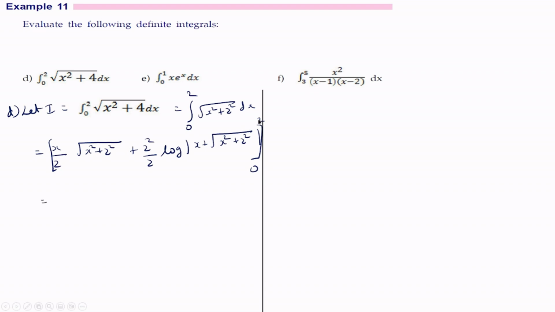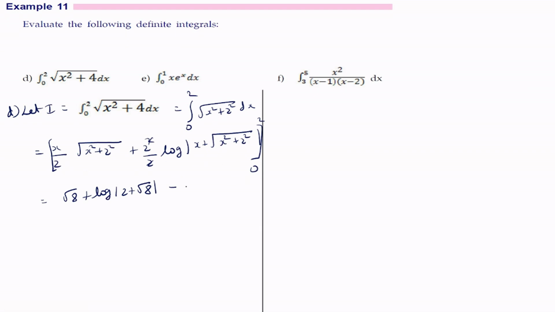So here when we substitute the upper limit, we get x as 2, so 2 by 2 is 1, root of 2 square plus 2 square, so it is root 8, plus log mod, here when we substitute x as 2, we get 2 plus root of 2 square plus 2 square, so it is 2 plus root 8. Minus lower limit is 0.